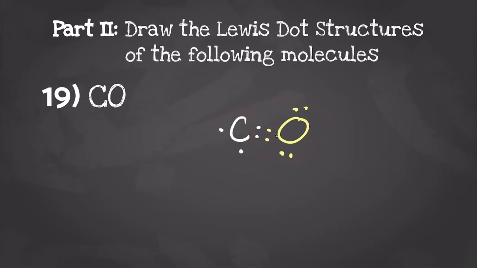So what can we do here? Well, oxygen is going to be nice enough to donate an extra pair of electrons to this bond. So instead of forming a double bond, they form a triple bond.